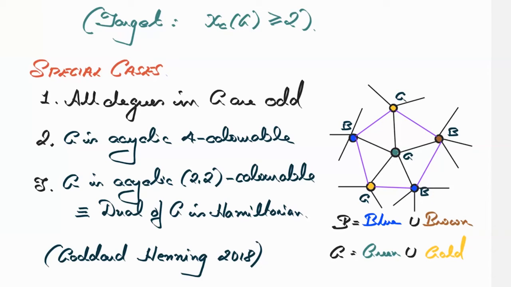And what I do is I now merge these 4 colors into just 2. Say blue as well as brown, I just call it B, which means any vertex that is colored blue or brown will be merged into a single color called B. Similarly, any vertex which is colored green or gold, so the green color class and the gold color class together, will form the color class G. So this is a color merger argument, a very simple thing.